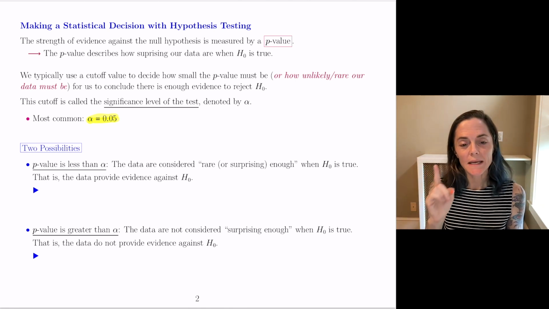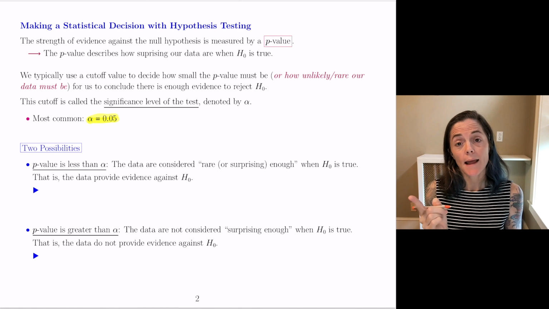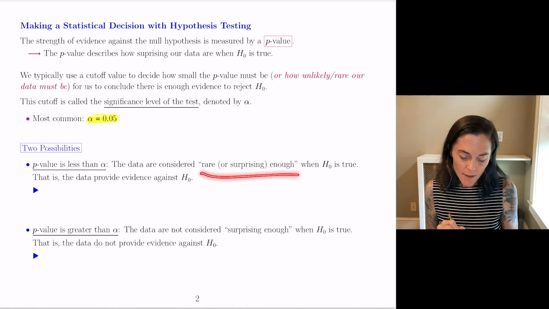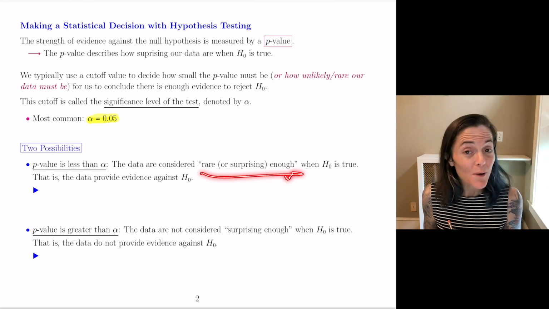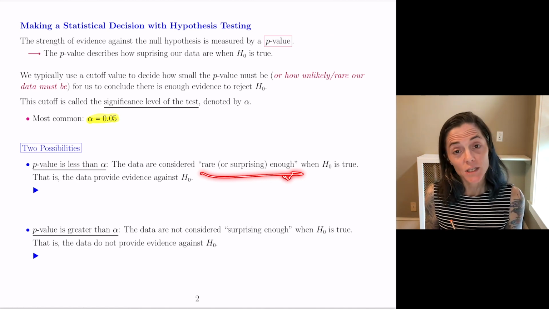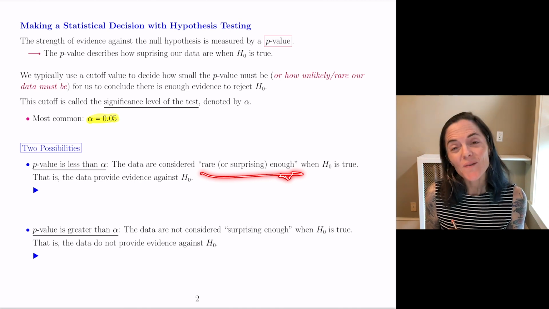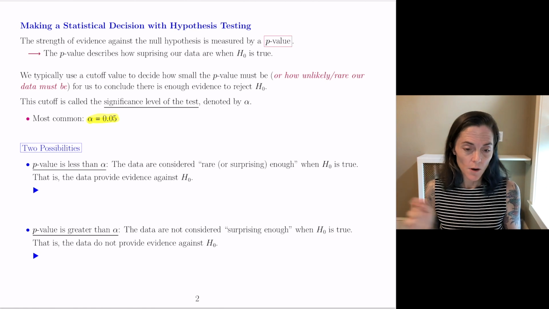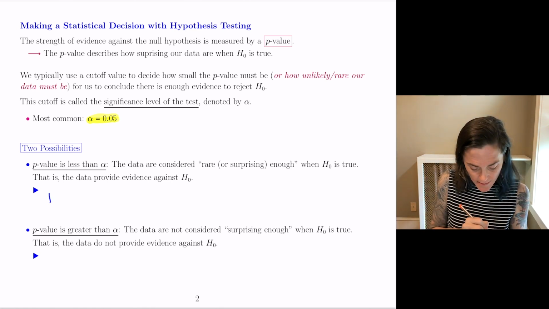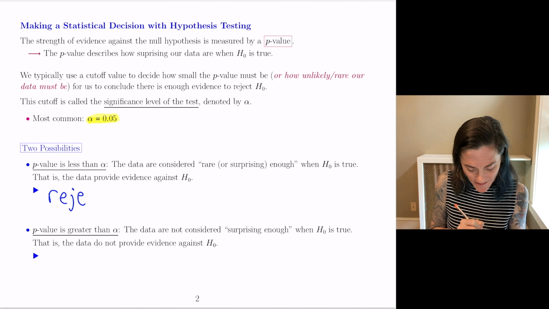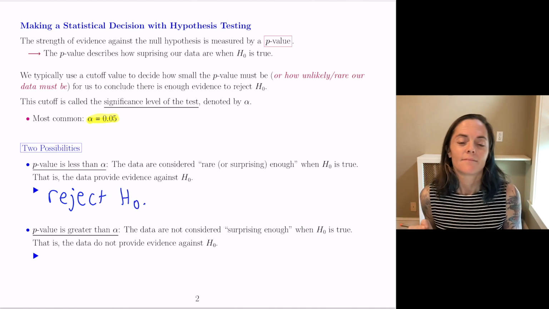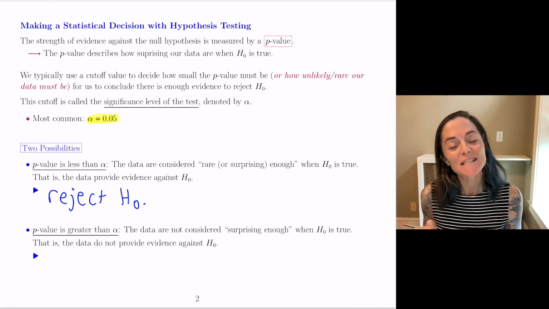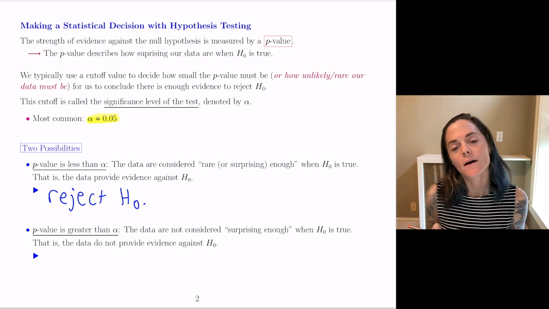One possibility is the p-value is less than alpha, this significance level. This says our data is rare or surprising enough when H0 is true. Another way to say that is the data provides evidence against H0. In this case, we reject H0. On the other hand, suppose the p-value is greater than alpha.